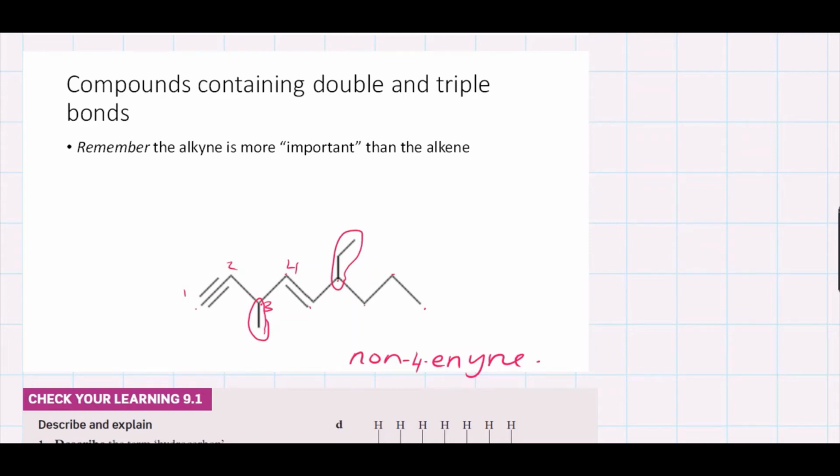This is an ethyl because there are 2 carbons. E comes before M. It is on carbon number 1, 2, 3, 4, 5, 6. So 6-ethyl, 3-methyl, non-4-en-1-yne. Oh, that sounds good.